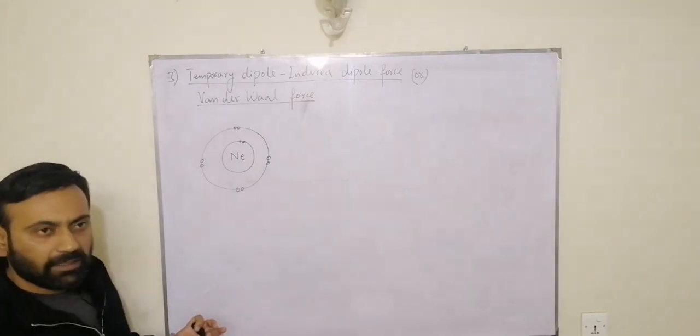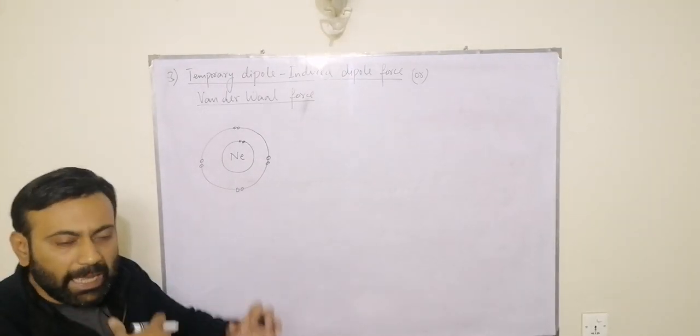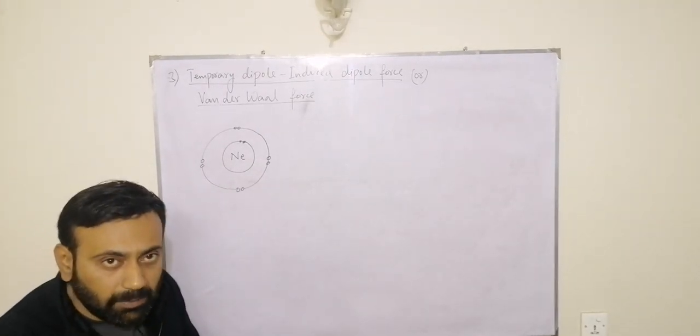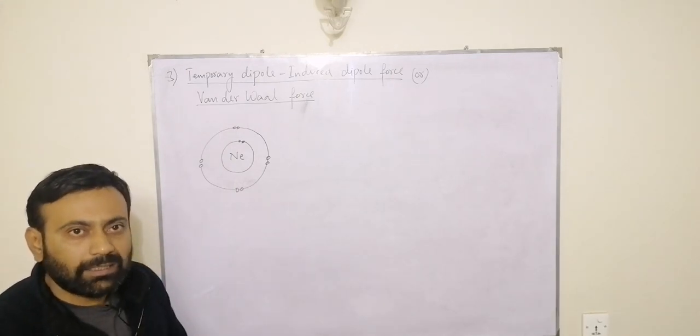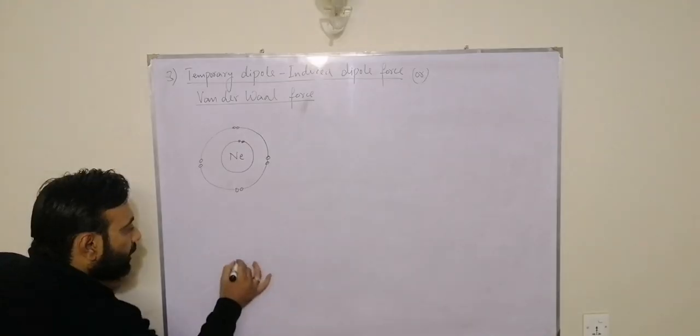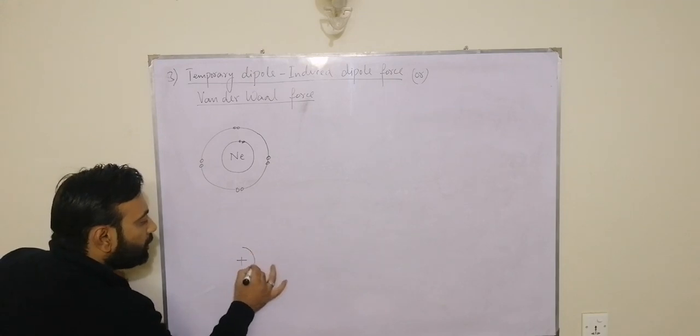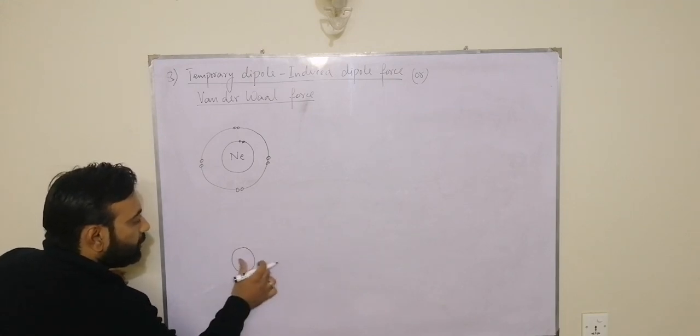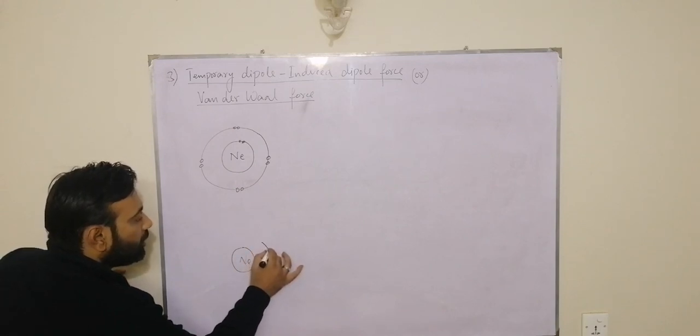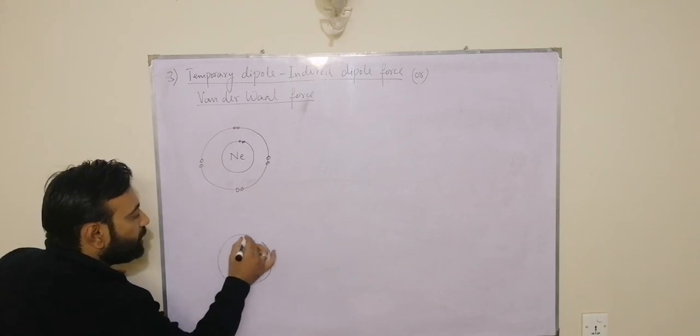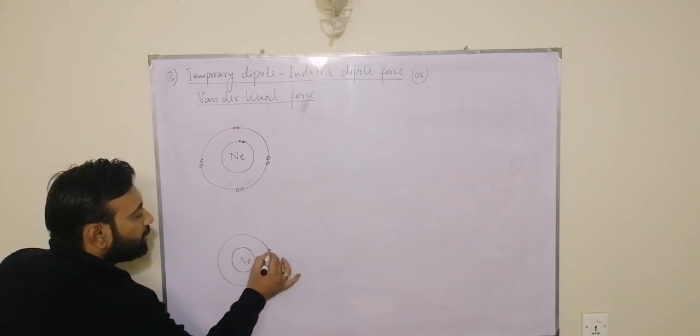Now considering that, suppose they are moving at a high speed around the nucleus in spherical pathways, and for just a moment, for just a fraction of a second, the position of its electrons is like this.